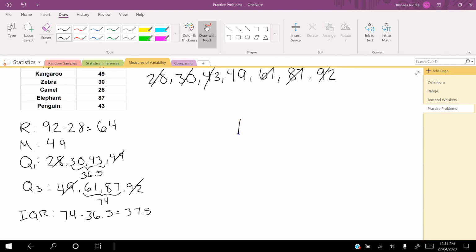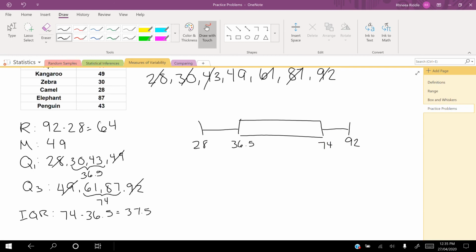We're going to start off by drawing our box and adding our whiskers and going ahead and labeling. So our minimum is 28. Our maximum is 92. Our Q1 is 36.5. Our Q3 is 74.